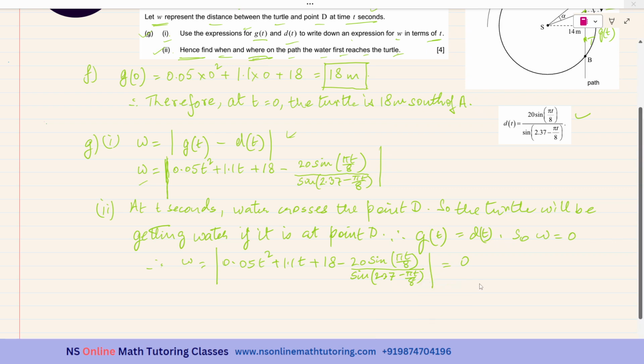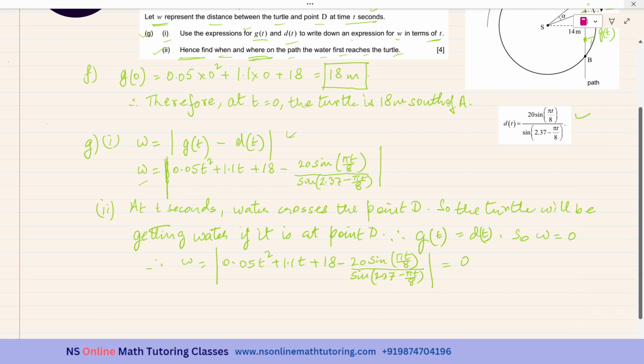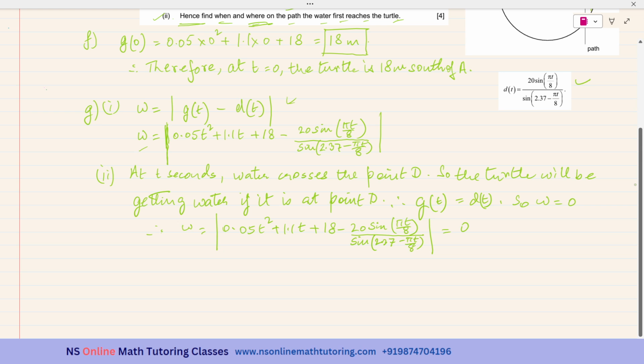Okay, so first of all, let me take more number of digits. 3.3488 I'm taking. So therefore, using GDC, T is equal to 3.3488 seconds, or T is equal to 3.35 seconds. Correct to three significant figures.